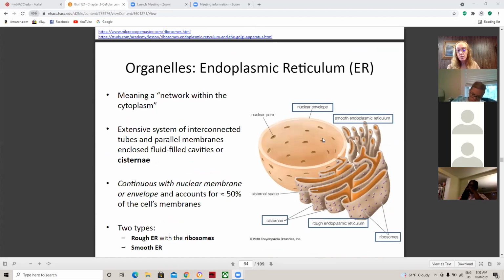The endoplasmic reticulum is a network within the cytoplasm. There's an extensive system of interconnected tubes. If you look here, here's the nuclear envelope, which encloses the nucleus.